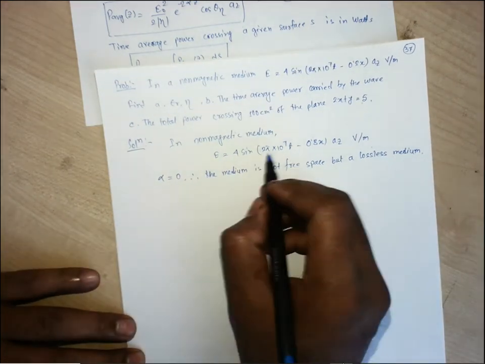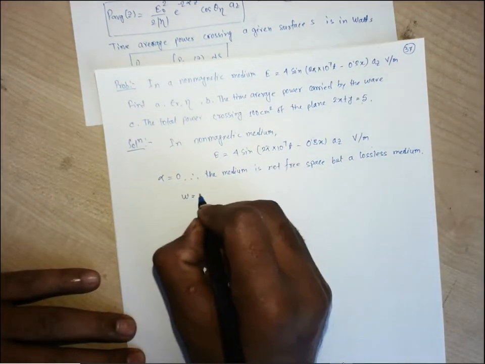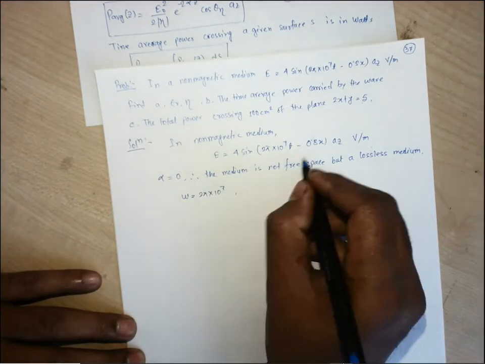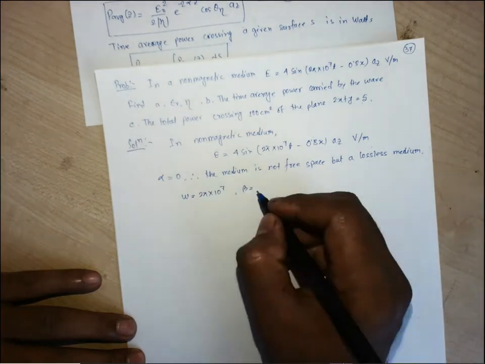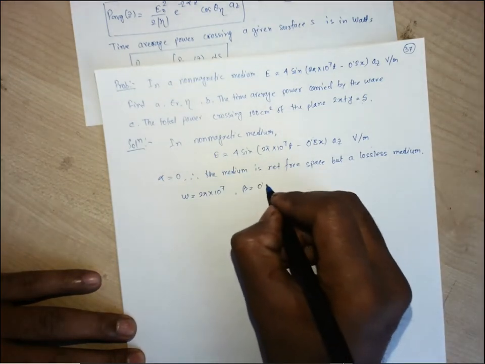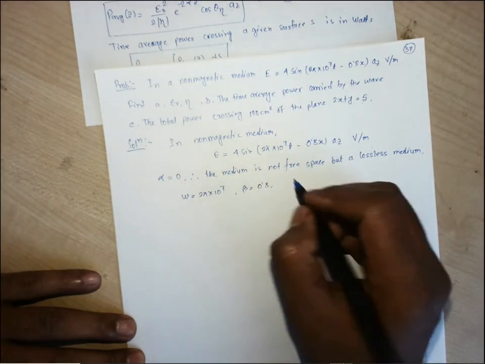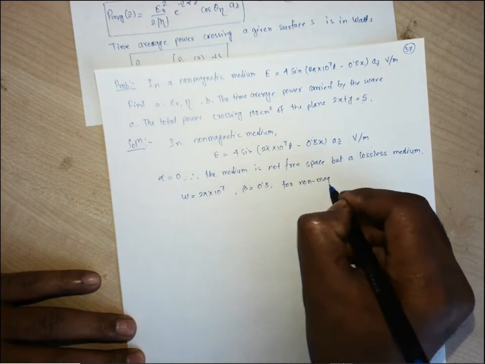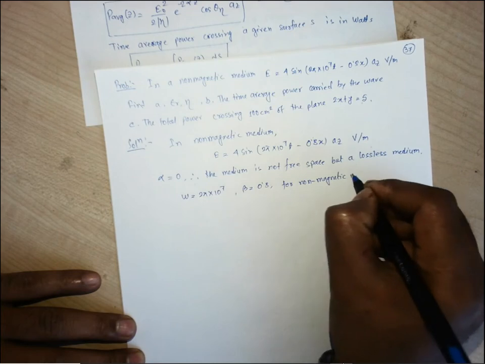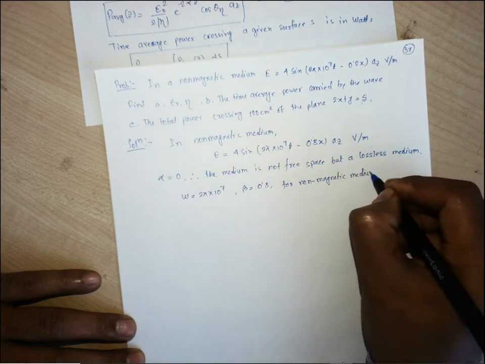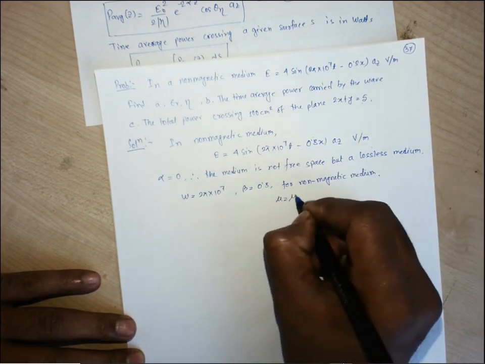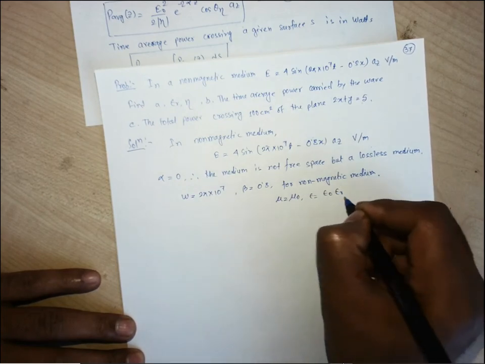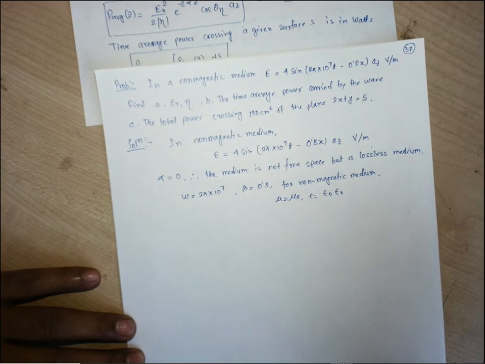The other quantity, omega, is given as twice pi into 10 to the power 7. Then beta is given, it is 0.8. For a non-magnetic medium, mu is equal to mu naught, epsilon equals epsilon naught epsilon r. We need to find out epsilon r.